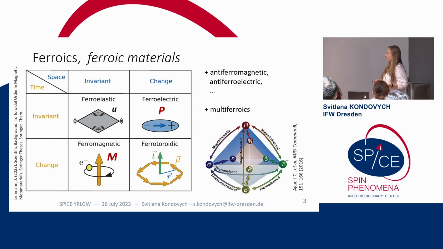You can do a similar thing to describe ferroelectrics with polarization, ferroelastics with deformation vector, and also there can be antiferromagnets, antiferroelectrics with their own vector parameters, and multiferroics combining several kinds of ferroic ordering.